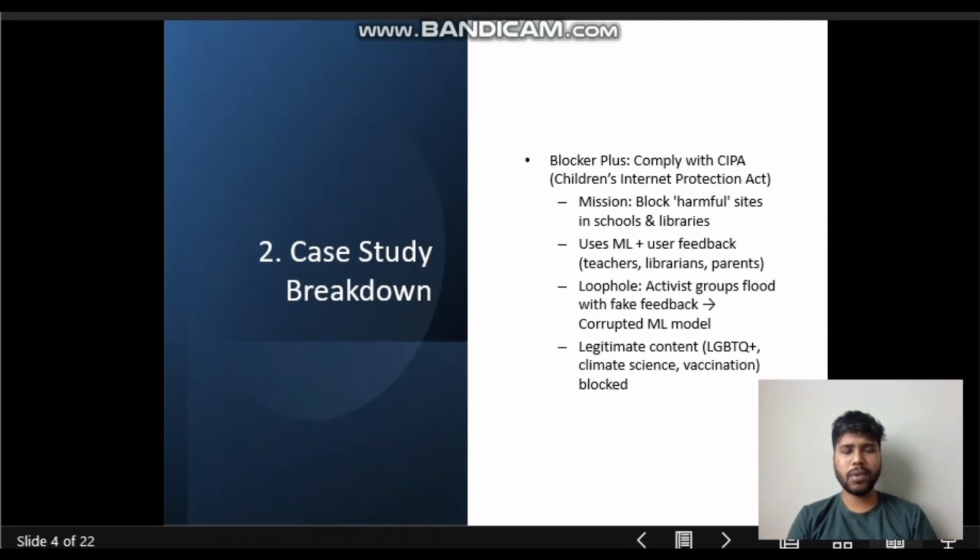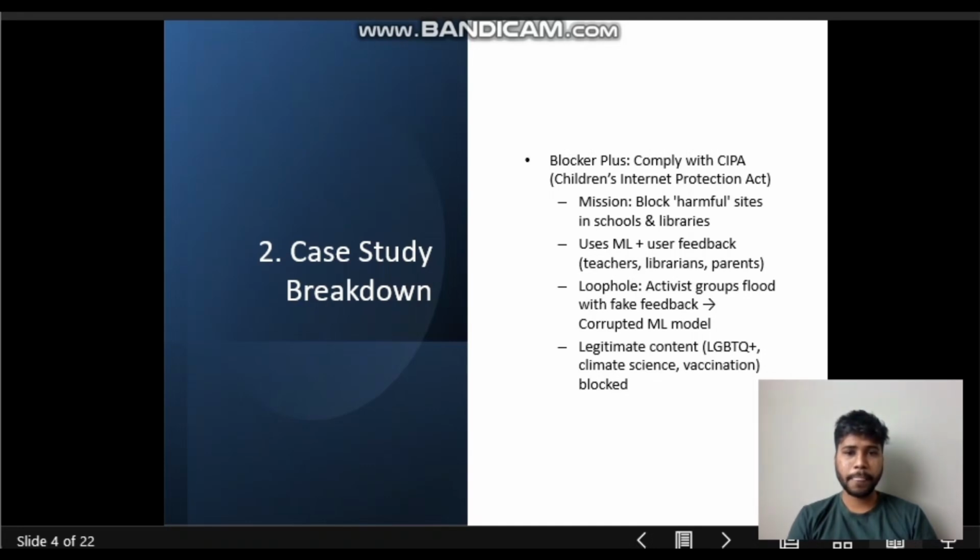So what was the result? Legitimate content, such as resources on LGBTQ rights, climate change, and vaccination, was systematically blocked. For instance, a search for LGBTQ plus mental health support might return no results at all, while a search for heterosexual relationships would remain untouched.